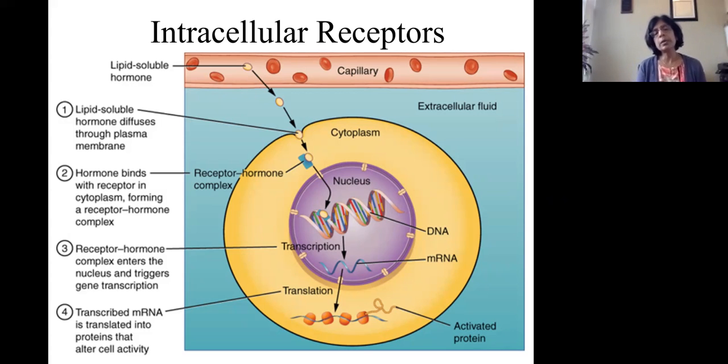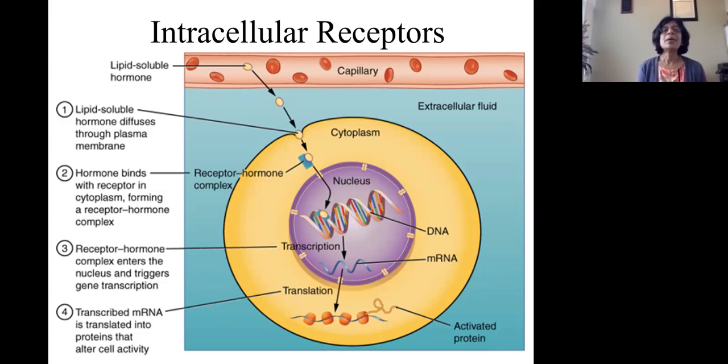Now, those that are water soluble hormones would need their receptors on the cell surface, not inside the cell, but on the cell membrane, facing the outside of the cell membrane. Why? Because the size would be bigger for these molecules to go through the membrane to find their receptors.